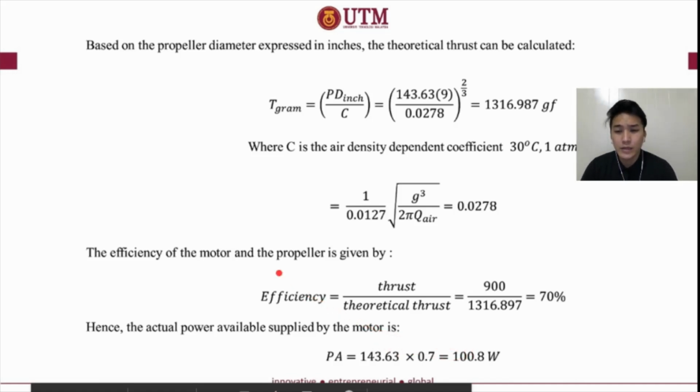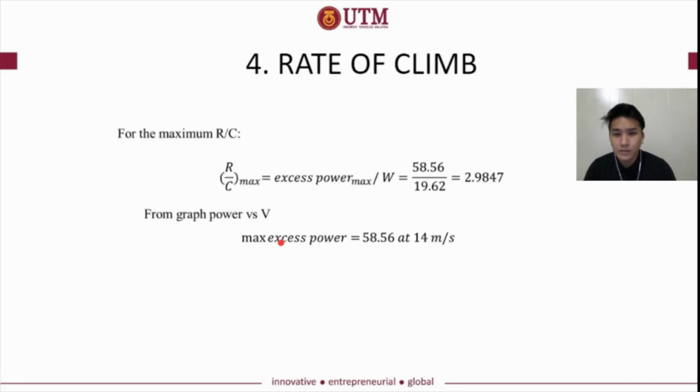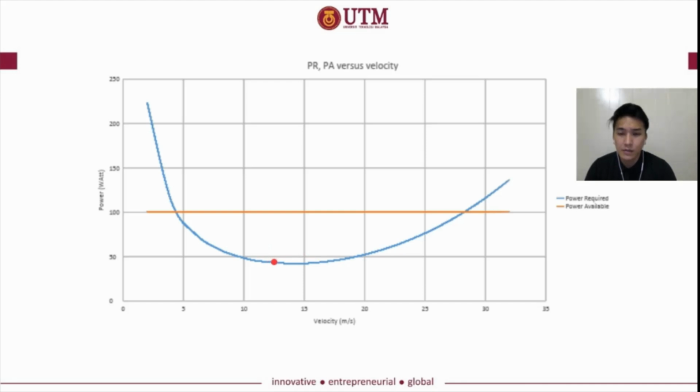And then we plot the power required, power available versus the velocity. As you can see at this intersection, this indicates the maximum velocity that our RC plane can go, which is around 27 or 28 meter per second, and at this area is the maximum excess power, which is around 58.56 at 14 meter per second here.